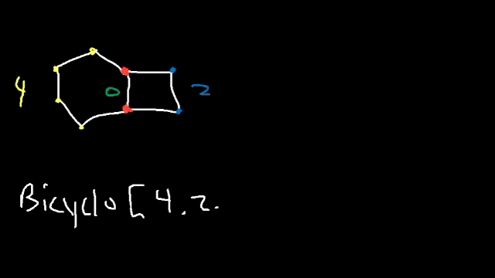And in this link, there's no carbon atoms between those bridgehead carbons. So to name it, it's going to be bicyclo, in descending order 4, 2, 0. 4 plus 2 plus 0 plus the 2 bridgehead carbons. That means we have a total of 8 carbons, so this is going to be octane. So that's how you can name bicyclic compounds.